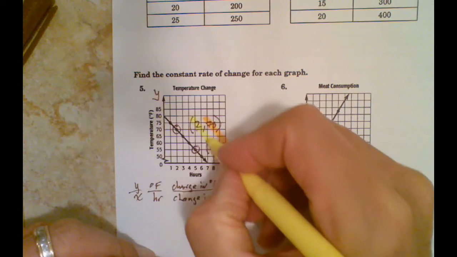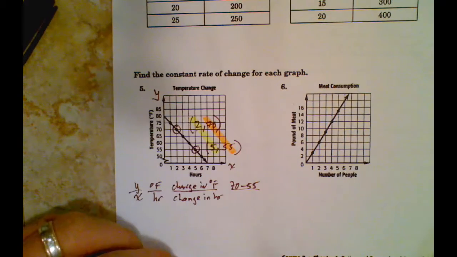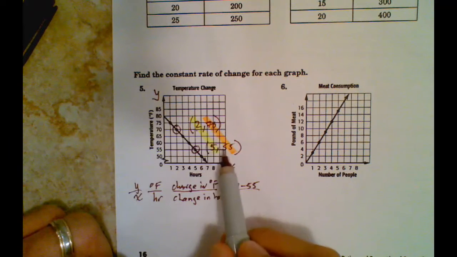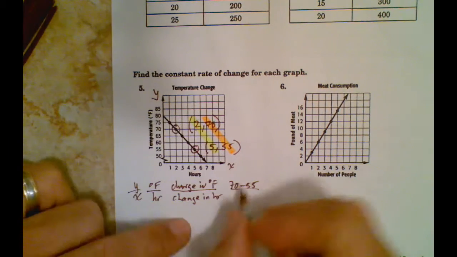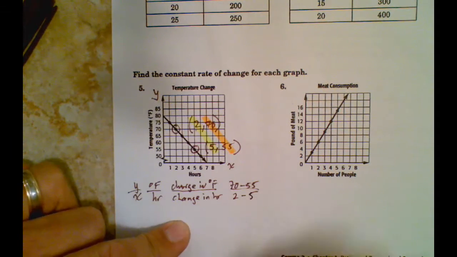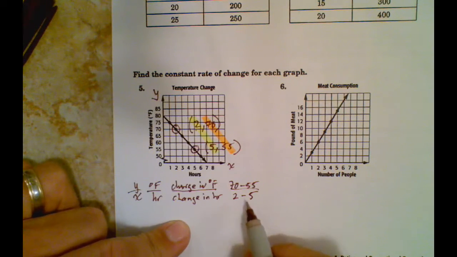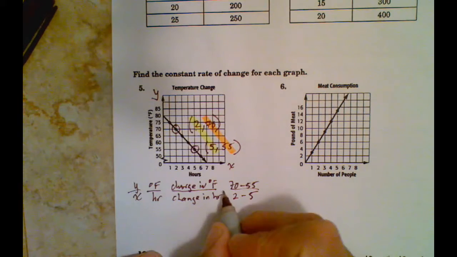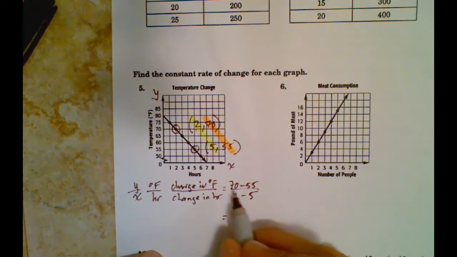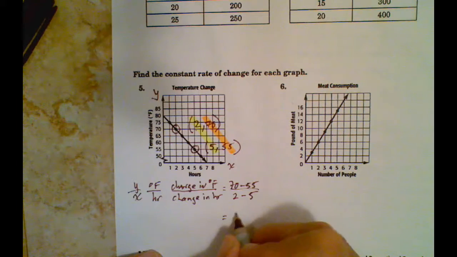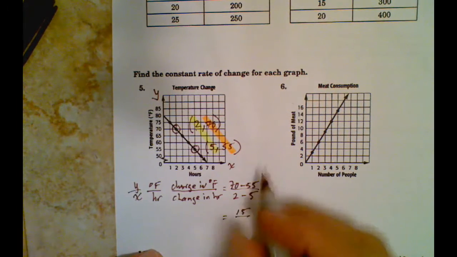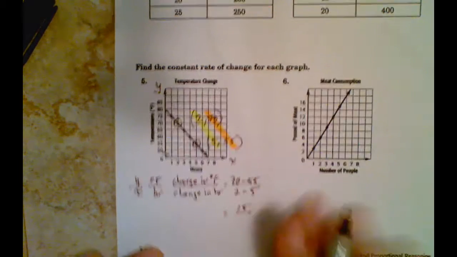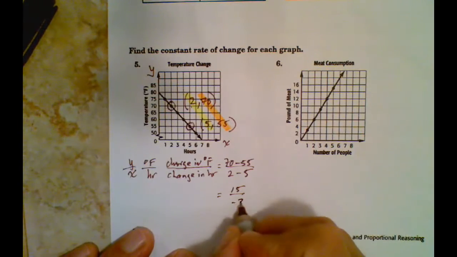And here I have to be really careful because I started with this point here to here, and I have to do the same for the bottom. So I'm going to have 2 minus 5. It's going to have a negative number here. So if I simplify this, on the top, 70 minus 55 is 15. 2 minus 5 is negative 3.